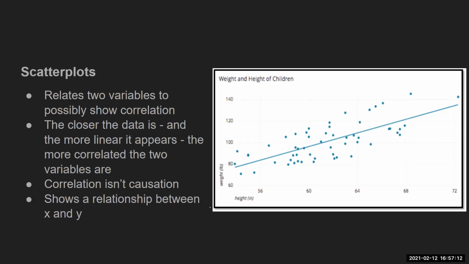There could always be other factors around it. So we can't always say this causes this, but we can say there is a correlation. It shows a relationship between X and Y. So remember, if your data is going up like this, it's a positive correlation. If our data was going down, it would be a negative correlation.